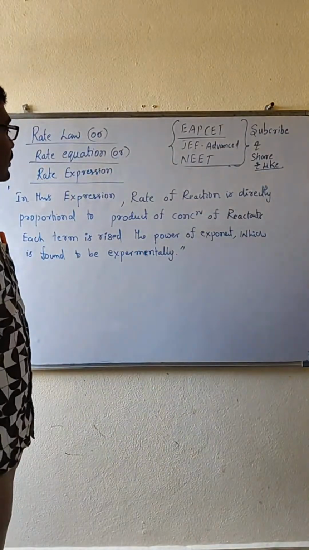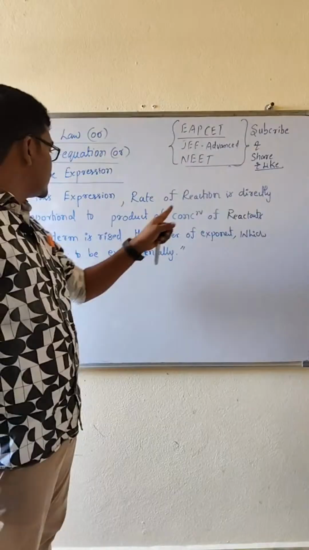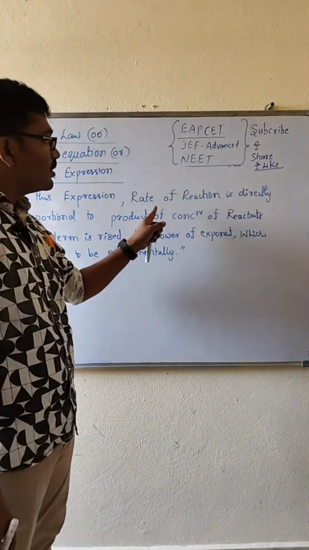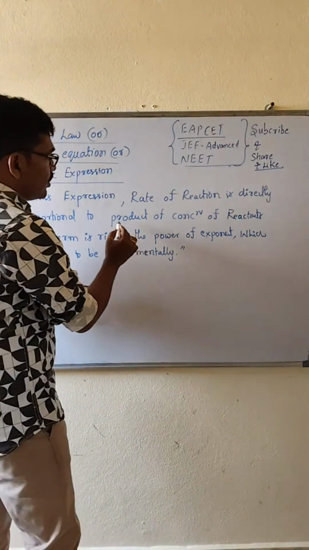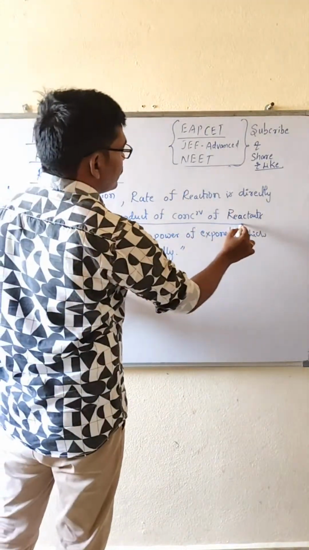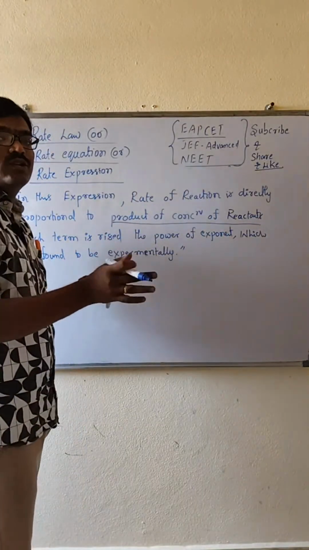Observe carefully what we are discussing in this expression. Rate of reaction is directly proportional to the product of concentration of reactants. My dear students, the product of concentration of reactants is nothing but a multiplication.